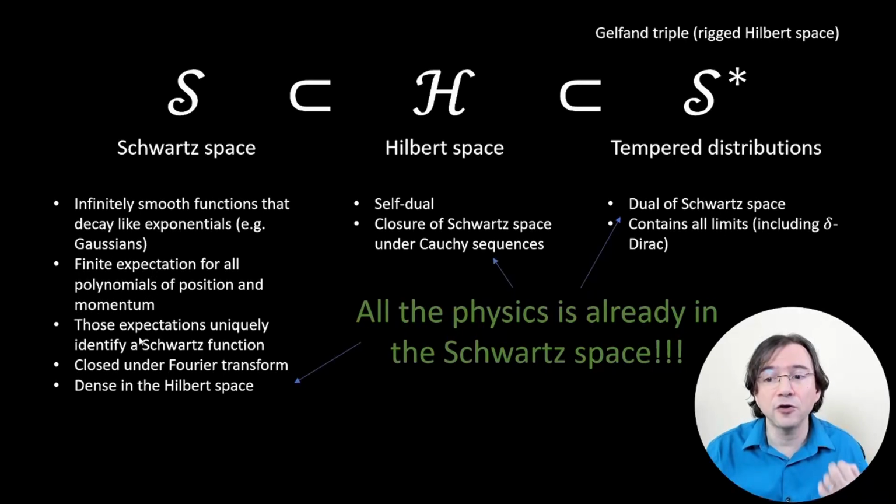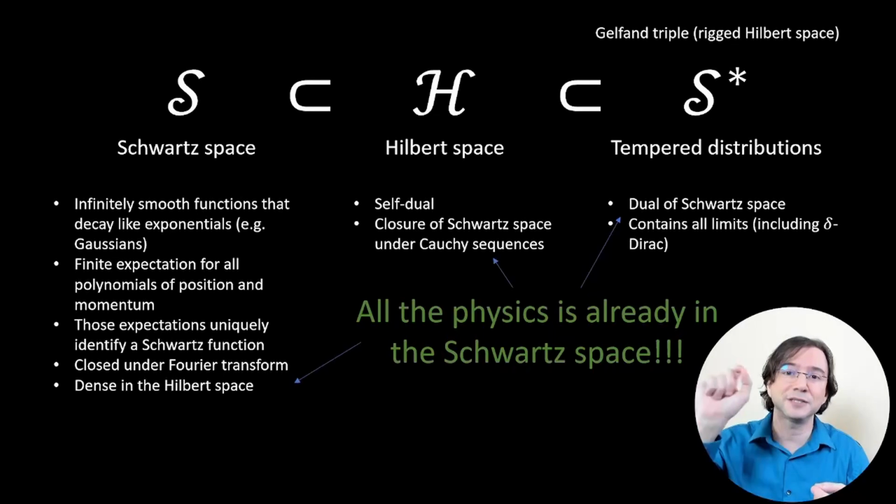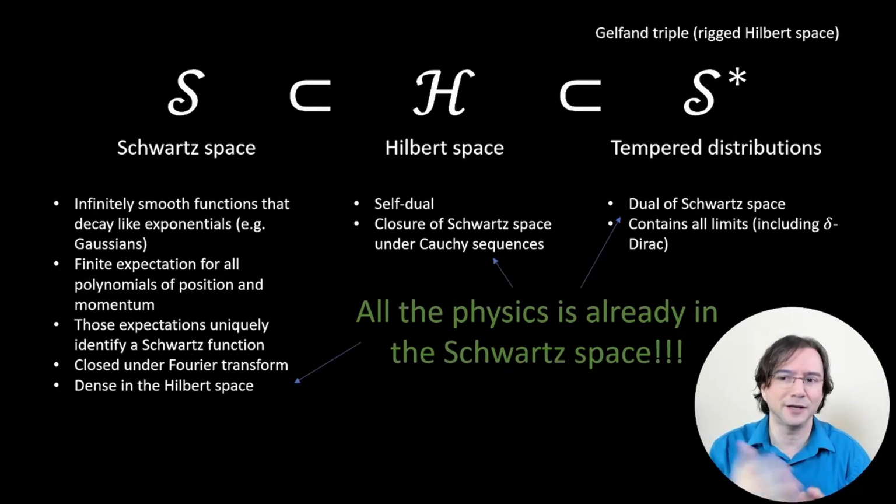Not only that, those expectations uniquely identify the Schwartz functions. So if I gave you all the expectation values of all polynomials of position and momentum, you would be able to say, aha, this is the only Schwartz function that actually satisfies those constraints. Again, to me, this makes sense physically, because when we're doing measurements, we are characterizing something.